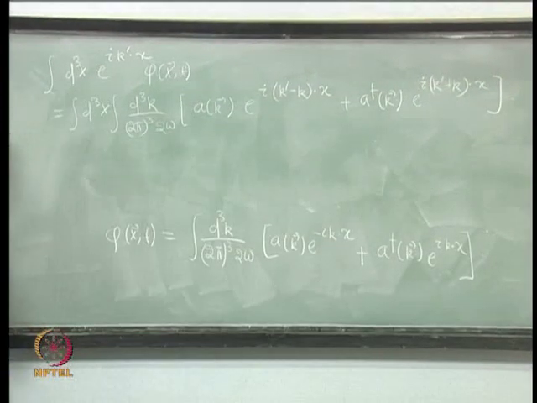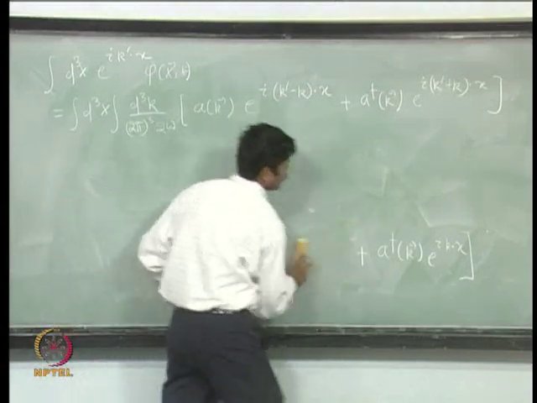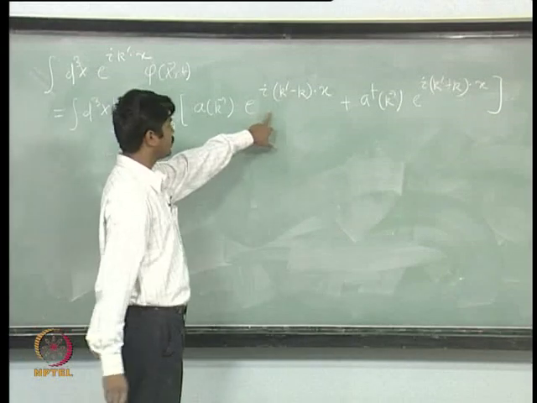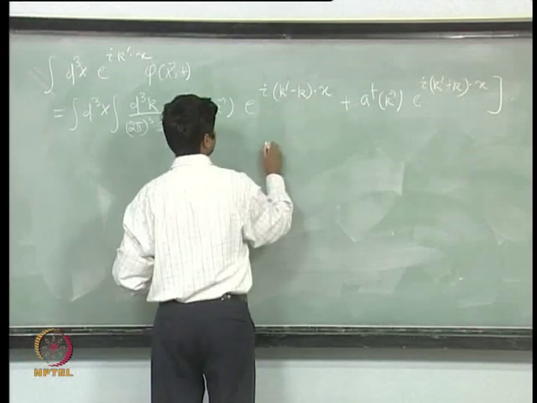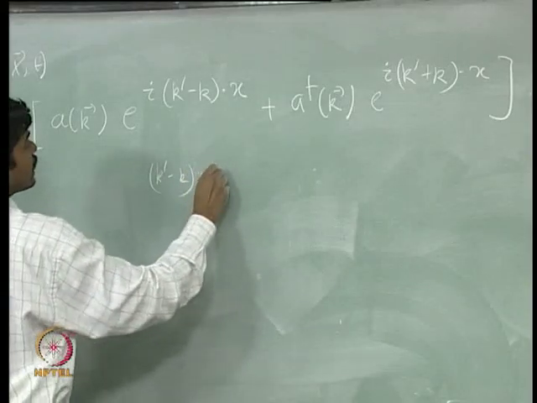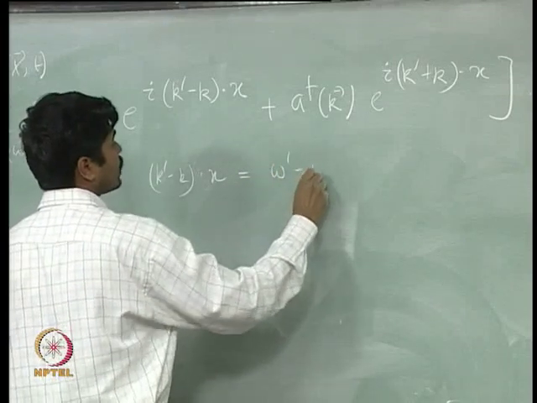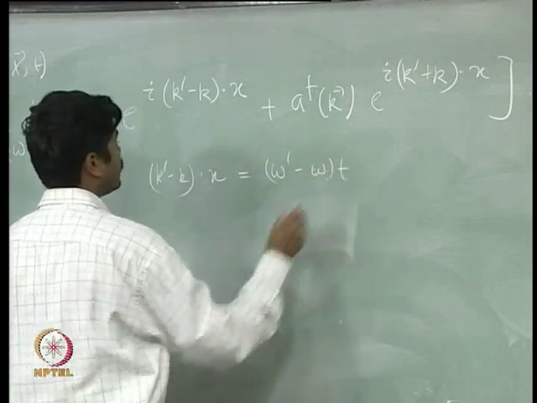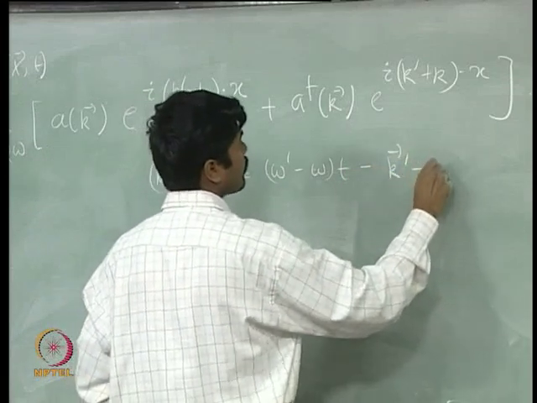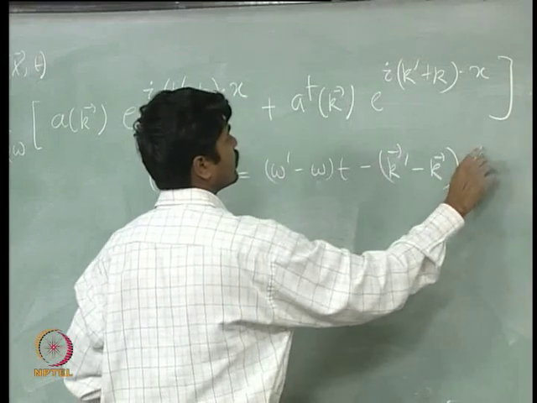Okay. Now, look at this. Here, because (k prime minus k) dot x has two terms, which is (omega prime minus omega) times t minus the 3 vector (k prime minus k) dot x.